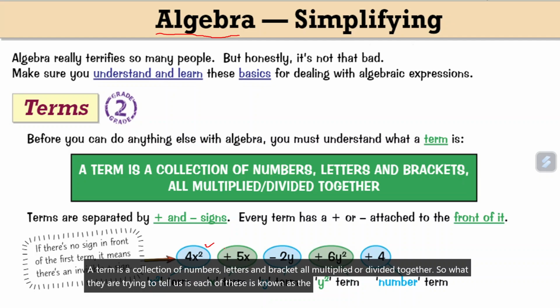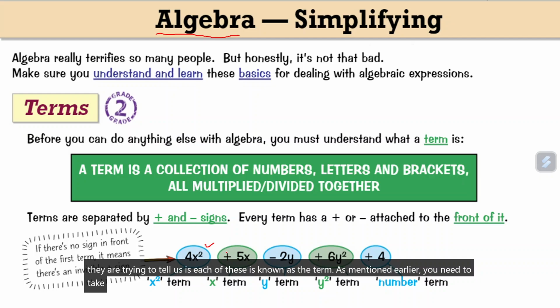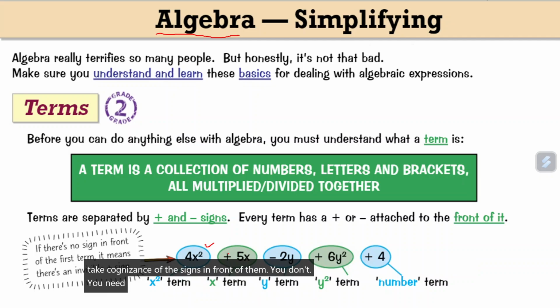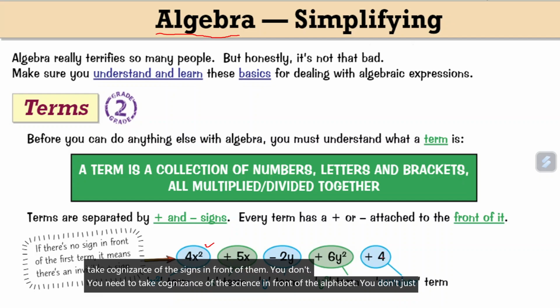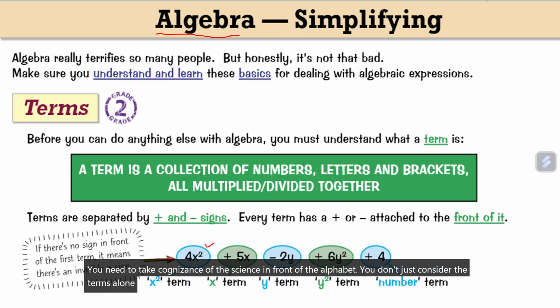As mentioned earlier, you need to take cognizance of the signs in front of the letters. You don't just consider the terms alone. Please take note of the signs in front of the terms.